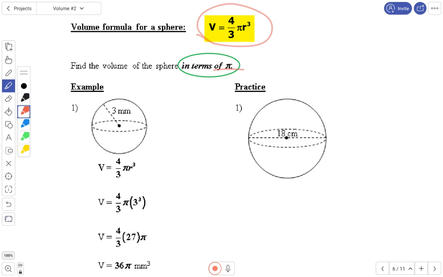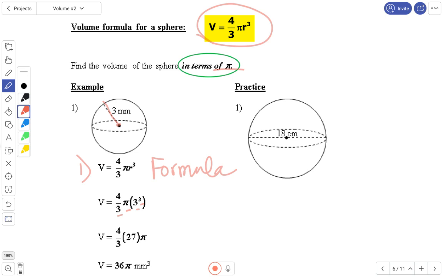So the first example, we have our ball. Step 1, again, I'm going to write that formula. 4/3 pi r cubed. And I'm going to plug in what I know. Well, 4/3 and pi are standard in the formula. My radius going from the center of my ball to the outside is 3, and I'm going to cube that.